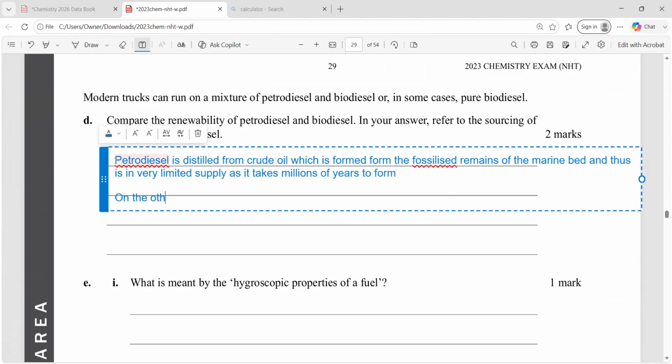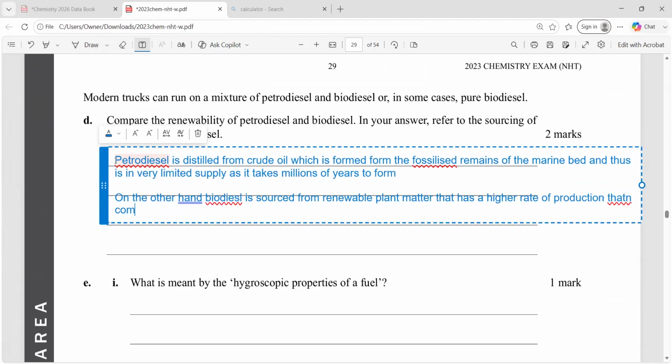On the other hand, biodiesel is sourced from renewable plant matter that has a higher rate of production and consumption, and thus is more renewable than petrodiesel.